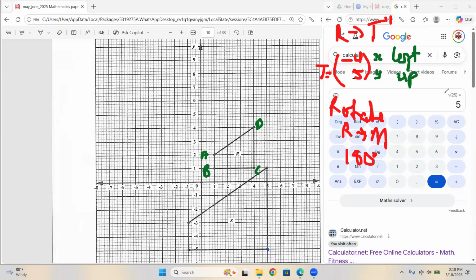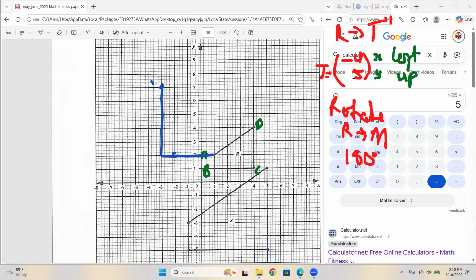So starting with A, we're going, this is 1, this is 2, 3, 4. 4 to the left, and then we're going up 5, 1, 2, 3, 4, 5. So that means the translated point will be up here for A, that is.